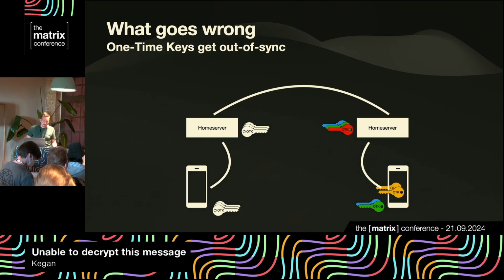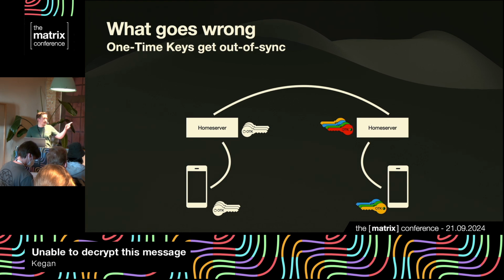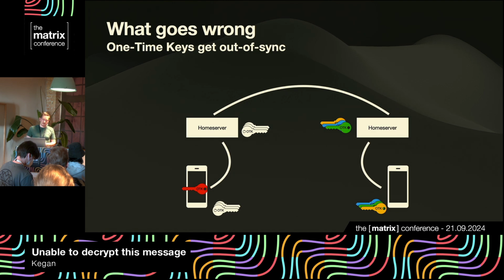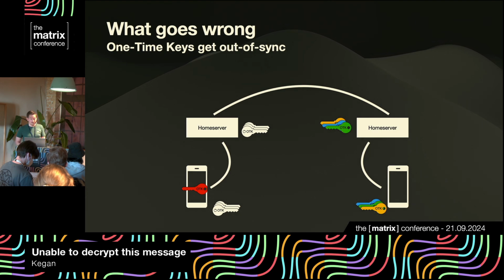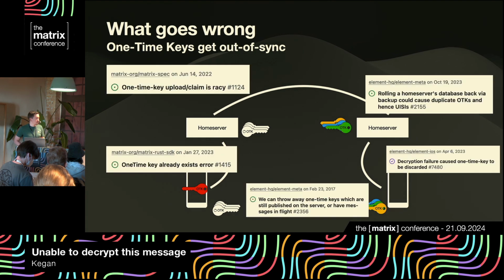It might decide to upload more one-time keys. But the important thing here is that the home server's got the red key. The device does not have the red key. So what happens if that red key is used to encrypt the message for the other side? Well, you're not going to be able to decrypt it because you don't have the matching private part for that red one-time key. This is quite a big issue.